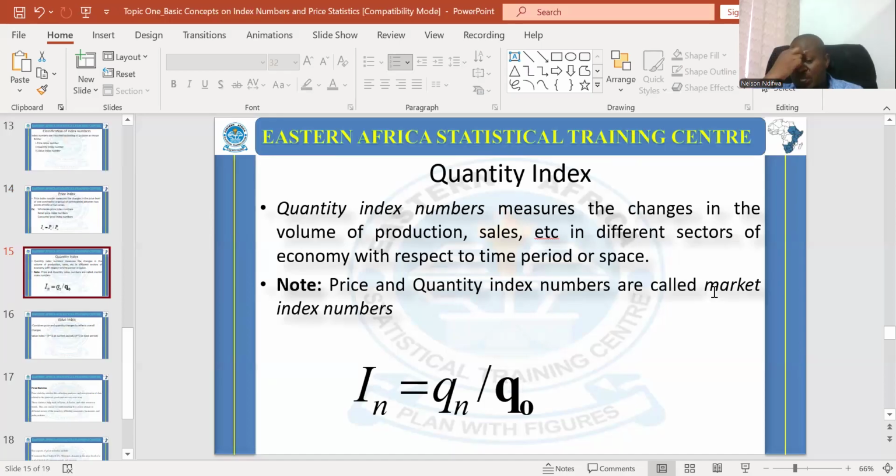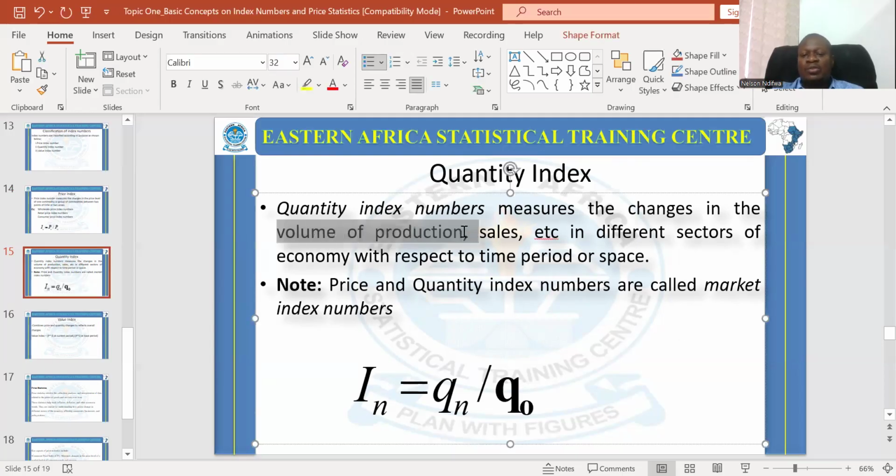Also, you can compute the quantity index. This will be based on the volume of production or sales. So you take the quantity at the current time and divide by the quantity at the base time.